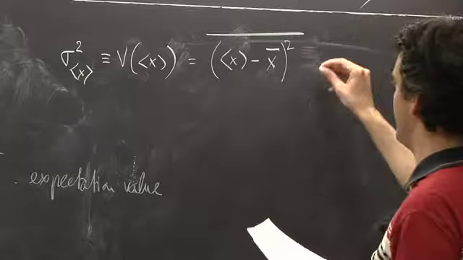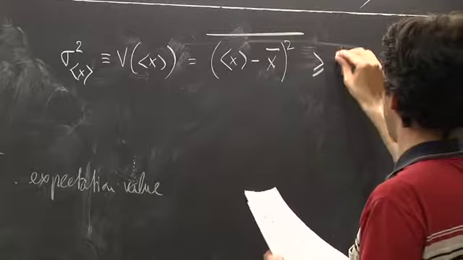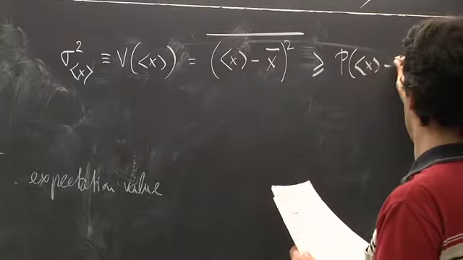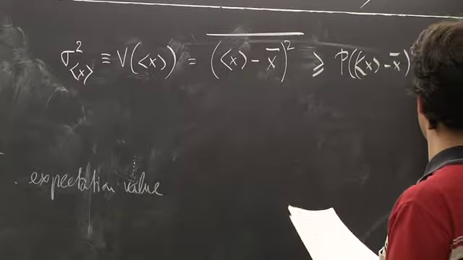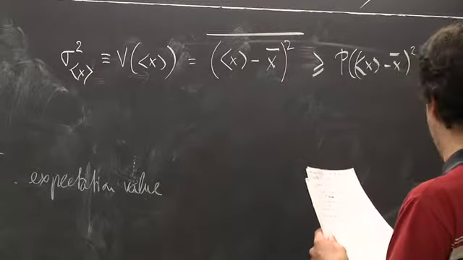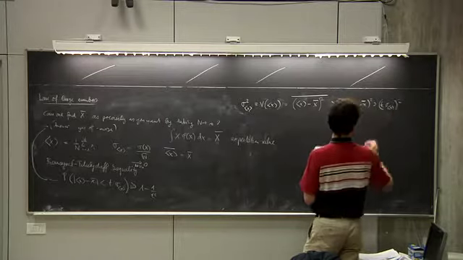So this is for sure bigger than the probability that this object here inside is bigger than, say, here I put whatever I like, which is this object.